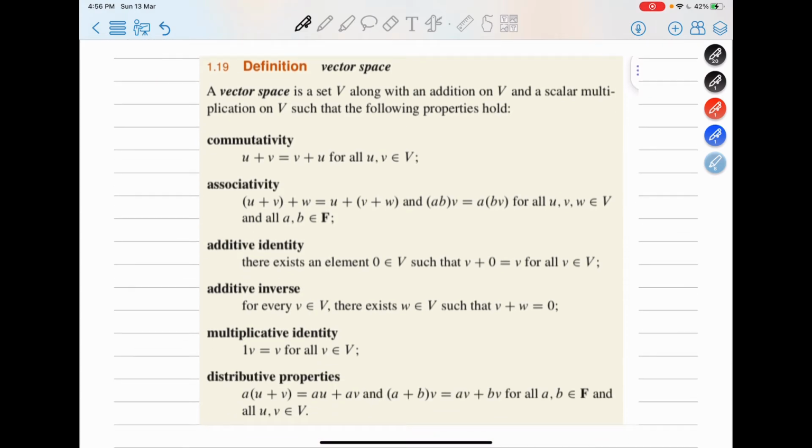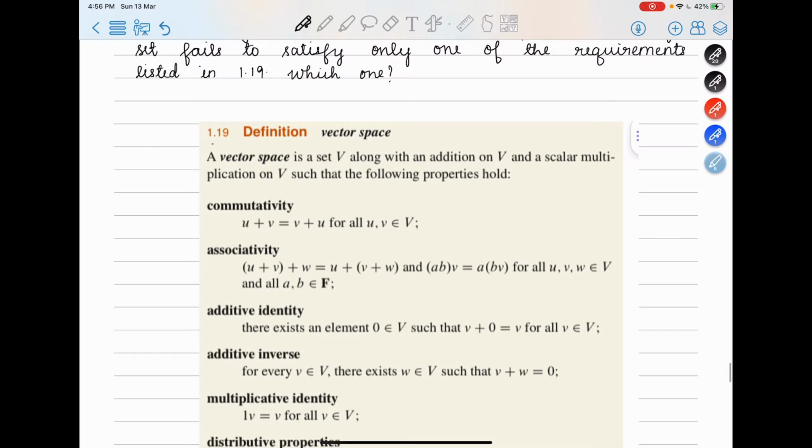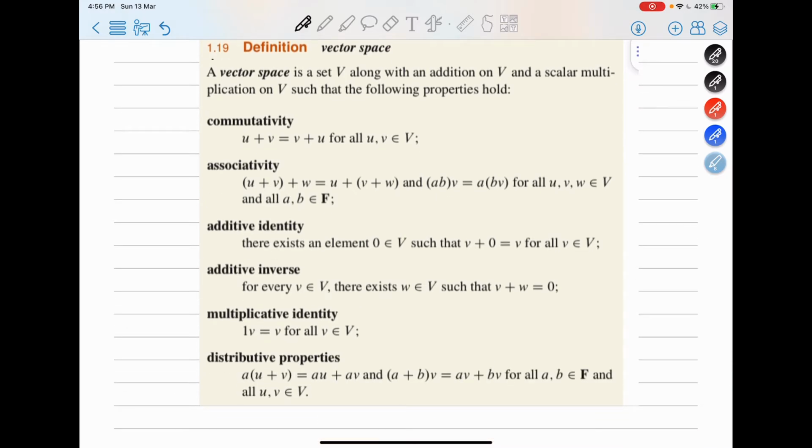So, the definition of a vector space, that is the 1.19 definition. This says a vector space is a set V along with addition on V and a scalar multiplication on V, such that the following properties hold: commutativity, associativity, additive identity, additive inverse, multiplicative identity, and distributive properties.